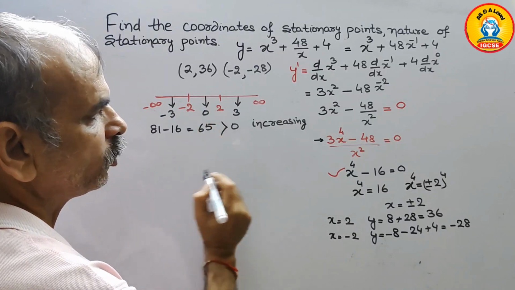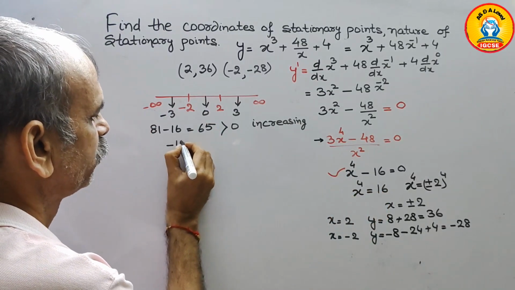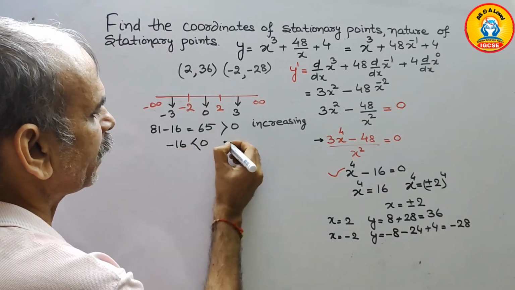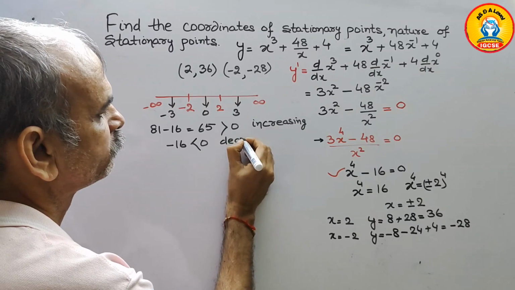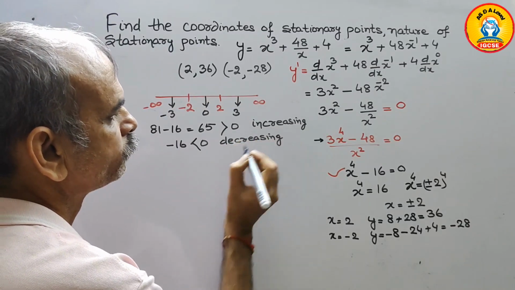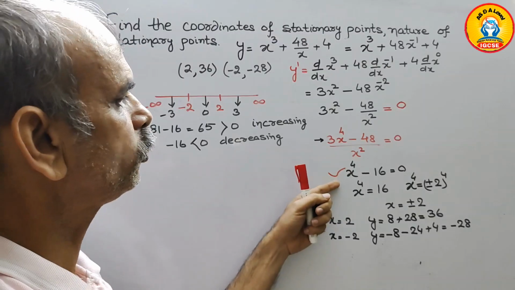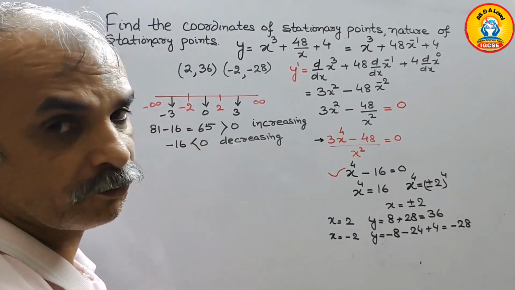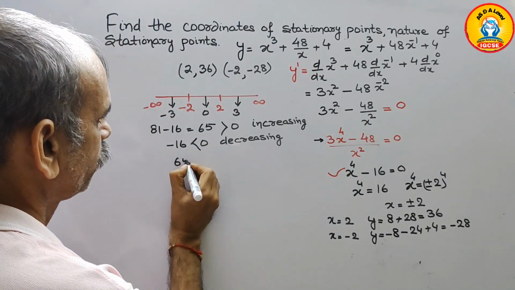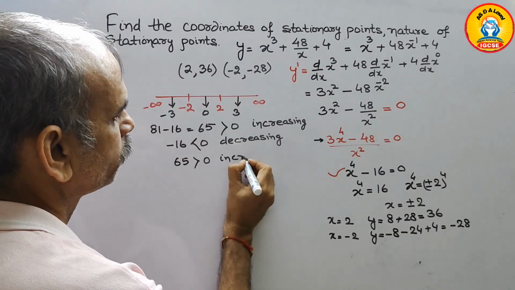Next we will take 0. 0 minus 16 gives minus 16, which is less than 0. That means it is decreasing. Next we will take 3. Again we will get the same 65, which is greater than 0. That means it is increasing.